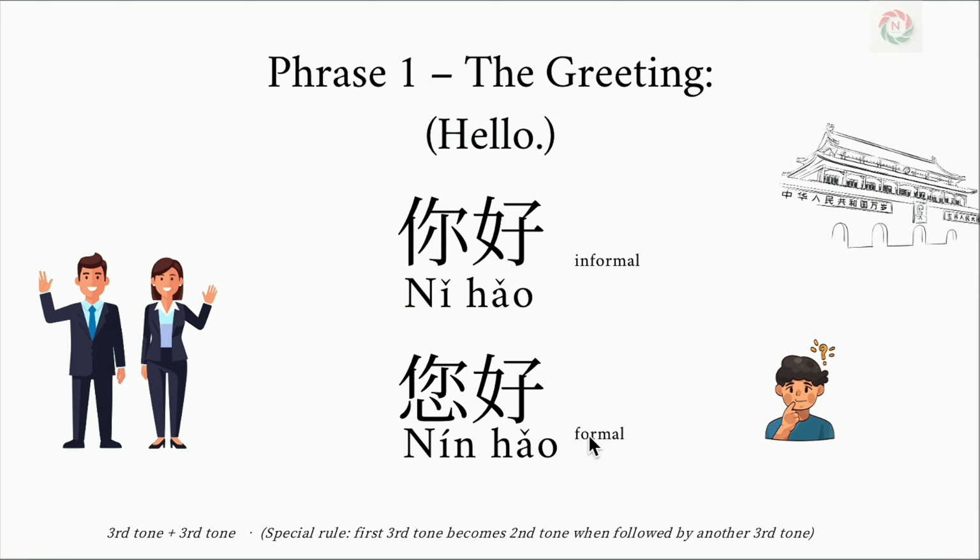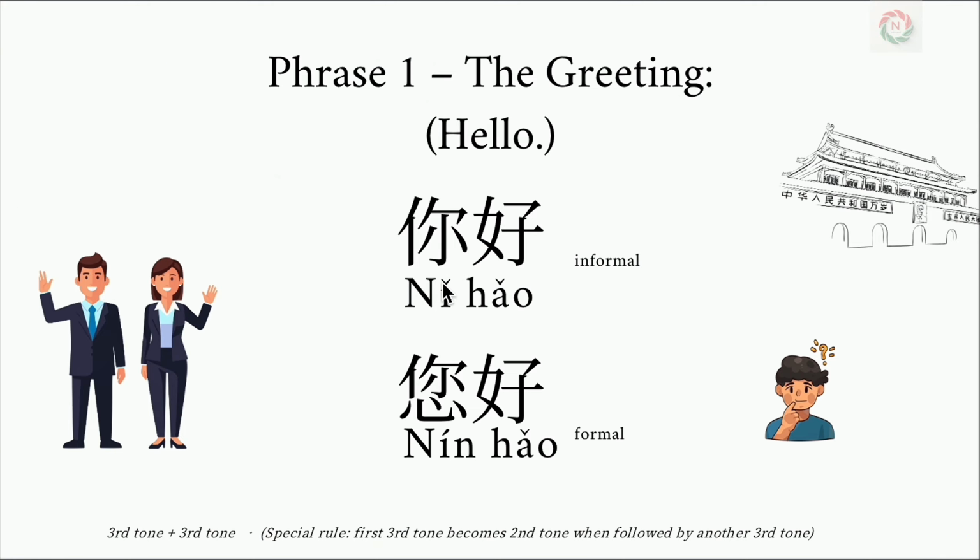Remember, when you're meeting your business partner or talking to your boss, when you want to greet them, you can say nin hao. If you notice, these are two third tones together. There's a special rule in Chinese that when two third tones follow each other, the first third tone becomes second tone.